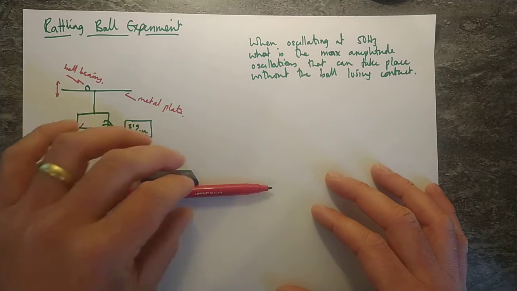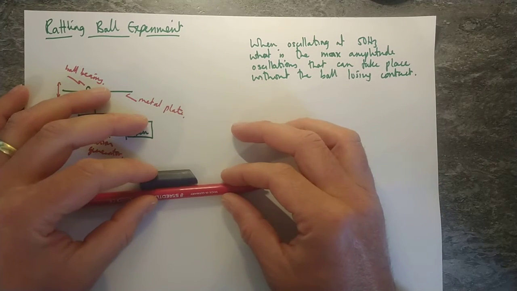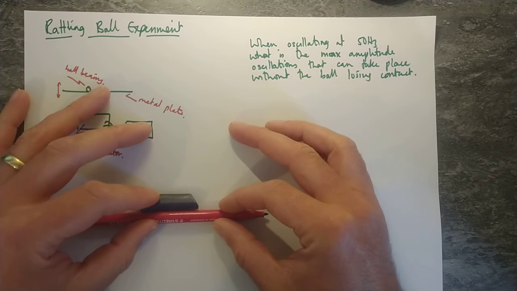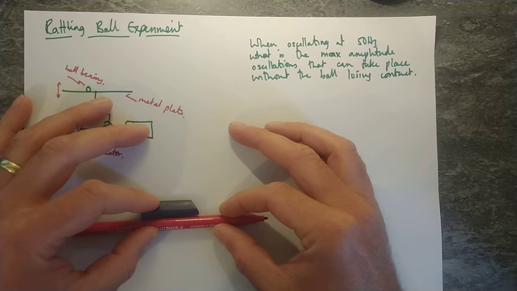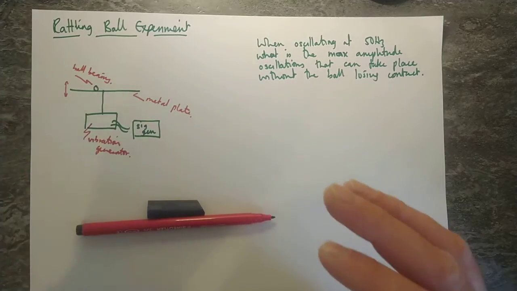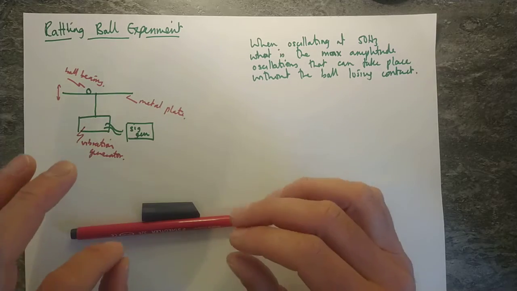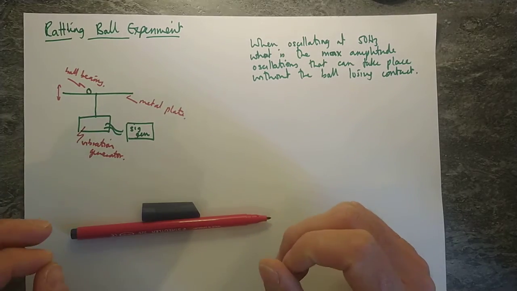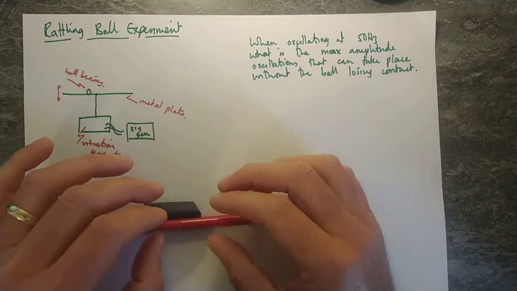The time period, the time for it to go up and down, is the same. There then comes a point when the acceleration as it's moving down is greater than 9.81, greater than g. So what happens to the ball and the plate when the acceleration of the plate moving down is greater than 9.81? Pause the video, have a think, and restart when you're ready.